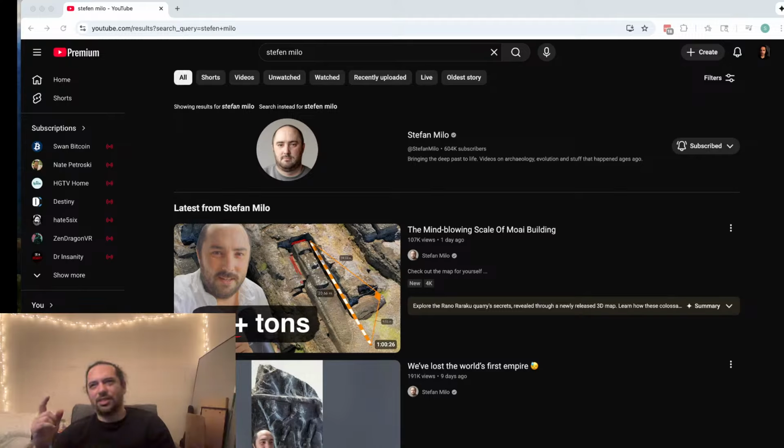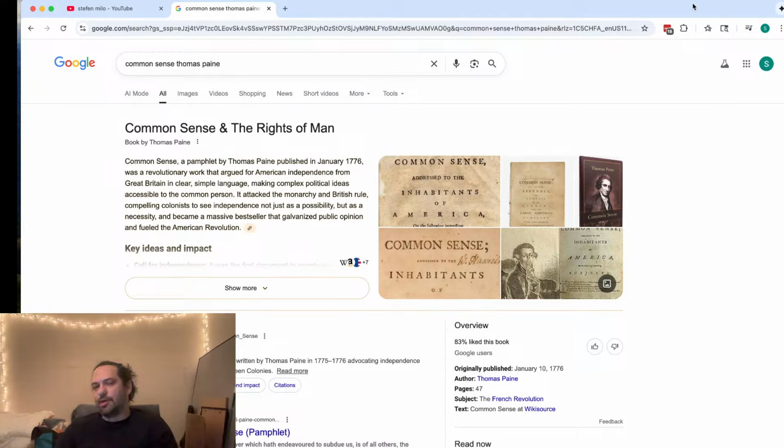January 10th is the anniversary of the publication of Common Sense by Thomas Paine. So Thomas Paine was a thinker. I guess you could call him a founding father, right? He was very important to the early revolution, because he published a pamphlet that was very influential to how the early Americans thought of themselves.